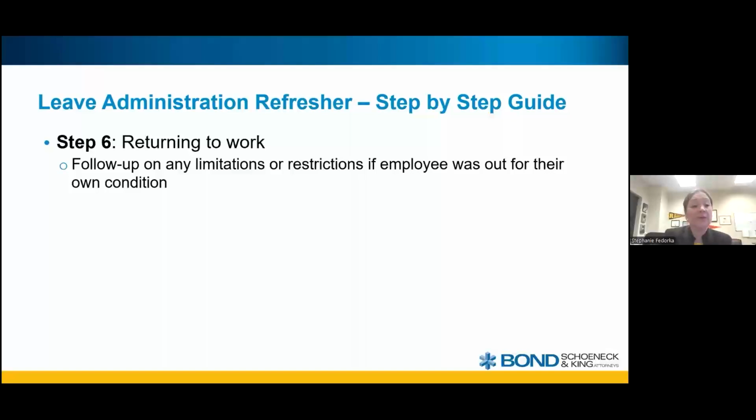And I will say more often than not, an employee who needs a little more time because they're still recovering or still unable to return to work because of their own serious health condition, if it's unpaid leave that they're looking for, it's going to be reasonable most of the time, absent undue hardship. But again, that undue hardship standard is very high. So keep that in mind. Do not just terminate that employee on the expiration date of their FMLA leave. Welcome them back and see if there's anything else that they might need upon their return to work.